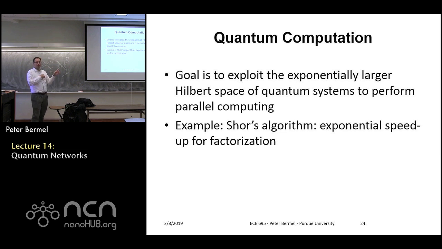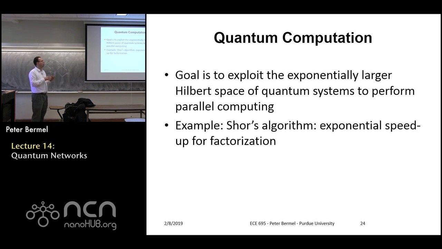At the same time, there are a lot of practical challenges, such as how do you prepare essentially arbitrary quantum states with an exponential number of degrees of freedom and then make them insulated from noise or interference.